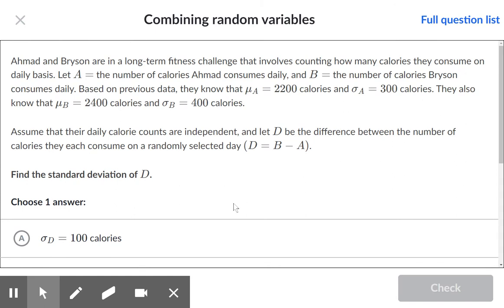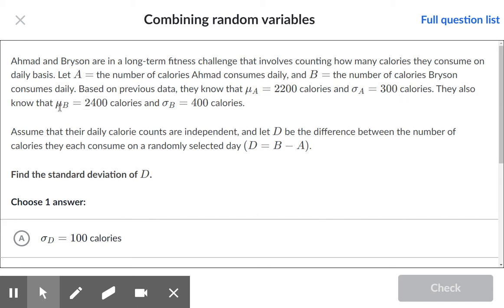Here we're asked to find the standard deviation. Ahmad and Bryson are in a long-term fitness challenge that involves counting how many calories they consume on a daily basis. Let A equal the number of calories Ahmad consumes daily, and B equal the number of calories Bryson consumes daily. Based on previous data, the mean for Ahmad is 2,200 calories and the standard deviation is 300.